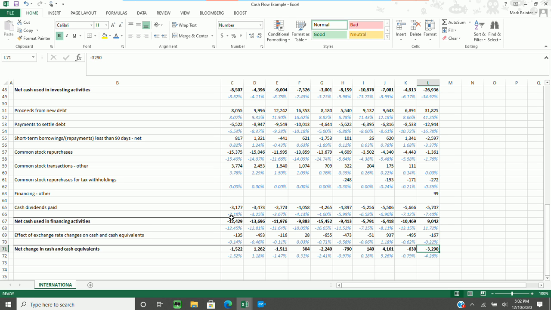And then once you do that, there's a small change for exchange rates because it's an international business. And then you get to the last part here, which is the actual change in cash over the course of the year. And you can see, it was negative, positive, negative, positive. There's no real trend here.